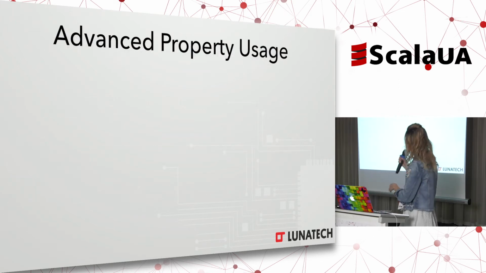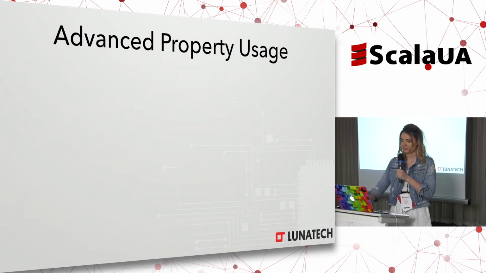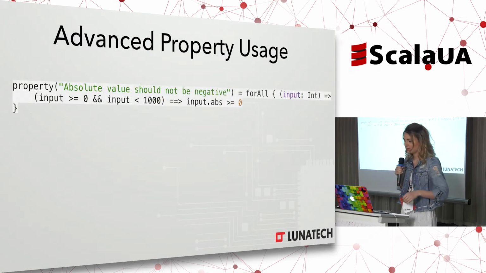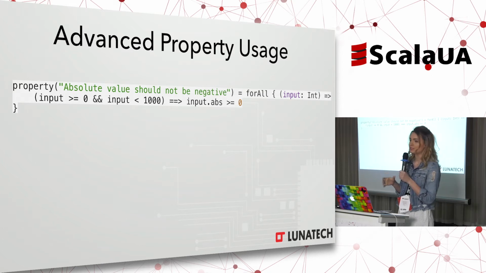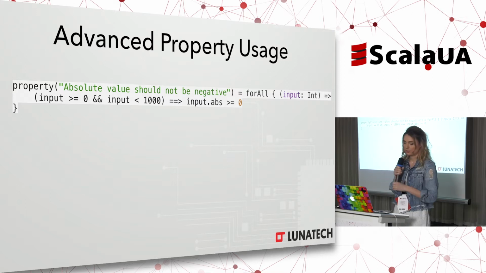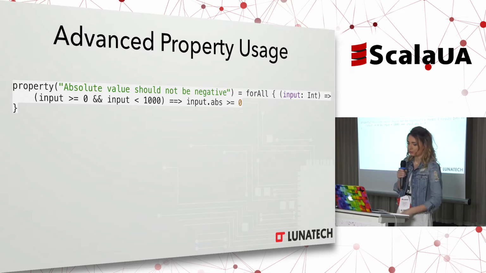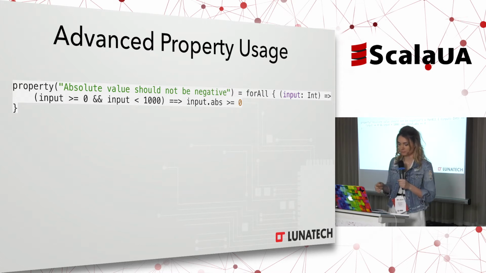You can, of course, do more with properties, and sometimes you want to specify the boundaries you want to use. You want to maybe filter it out somehow, and you can do it with the generators by generating the specific data you want, or you can do it in properties by defining which data it should select from the data generated by generators.